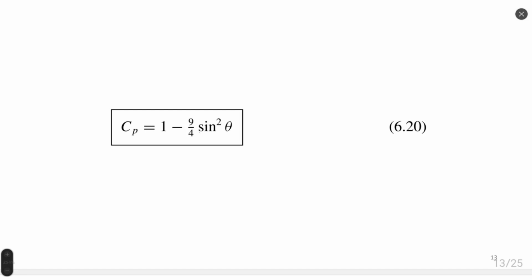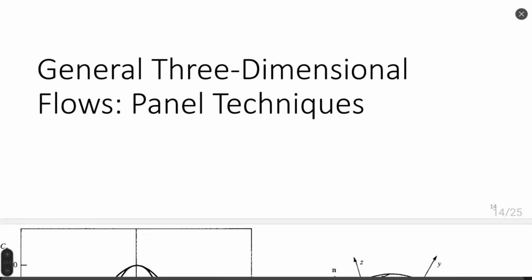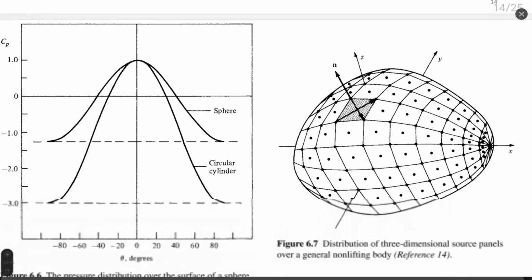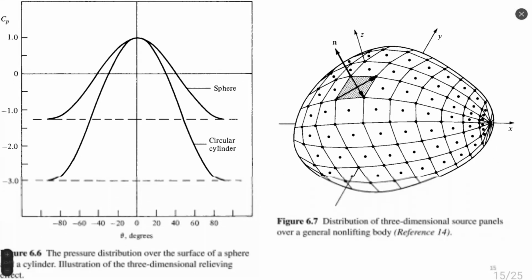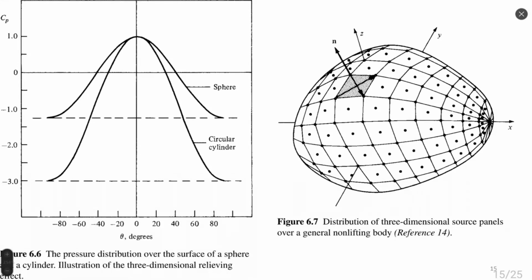This part would be equal to 1, so it's 1 minus 9/4, which would be minus 1.25, right? That gives us an analytical estimation of the pressure coefficient on the sphere, on the front part and on the top part of the sphere.